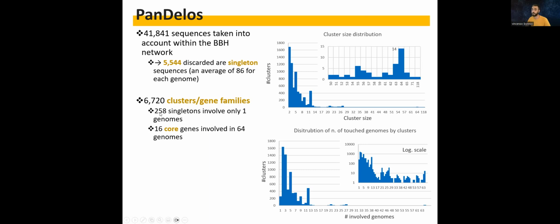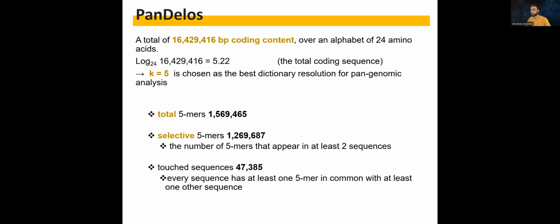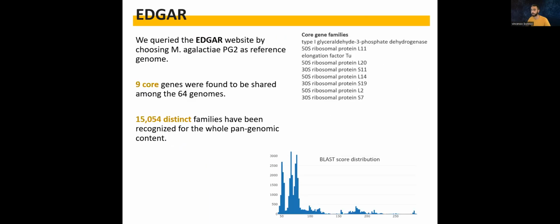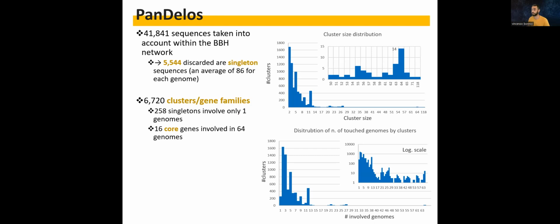Of these, 258 were singleton genes, and 6 gene families were found in every one of the analyzed genomes, so they were considered core genes. If we compare with the result of Rory, which was just 1 core gene, and with the result of Edgar, which was 9 core genes, we can say that PanDelos was able to discover more core genes.